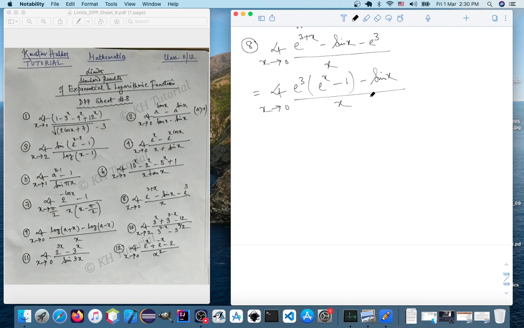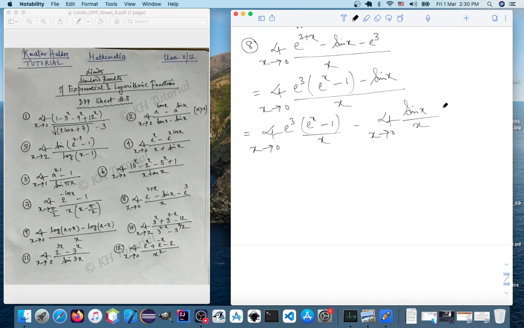So we are getting a good form. If we split into two terms, we will have the limit.